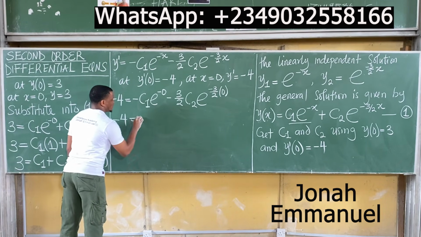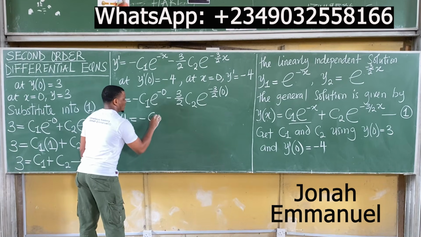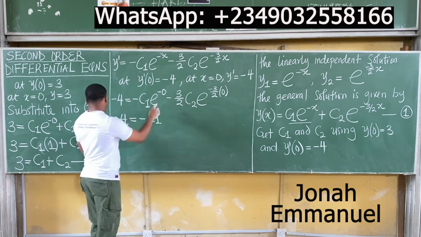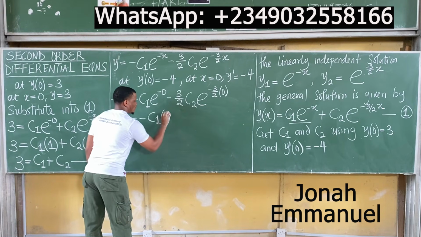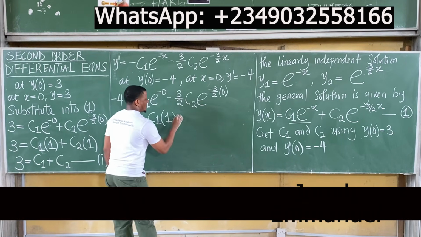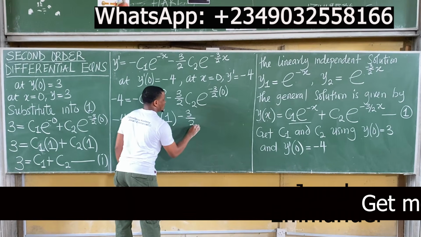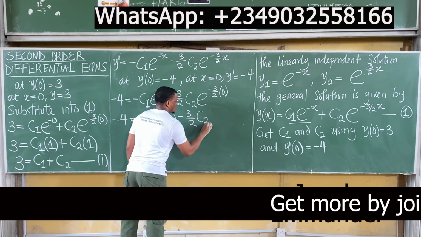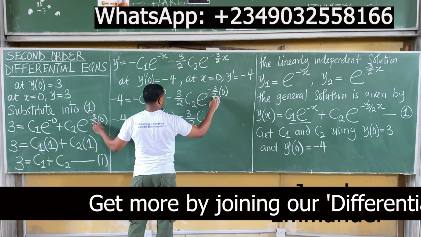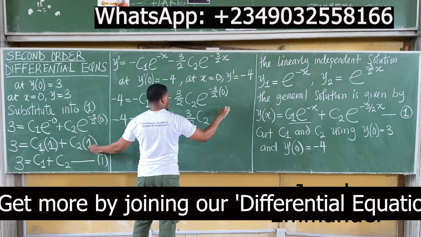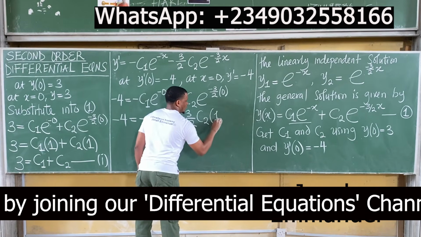That's all. Without wasting much time, what we have here will be minus 4. It's equal to minus C1. We know that, just as we had here, exponential minus 0 gives you 1, minus 3 over 2 C2. Again, just as we had here, exponential minus 3 times 0 gives you what there? 1. This gives you 1.